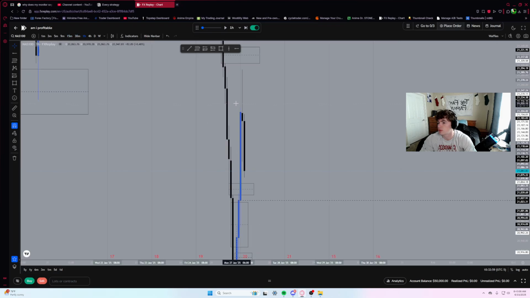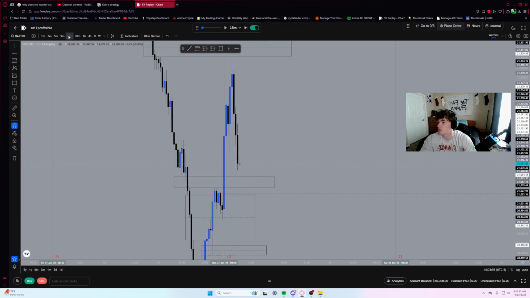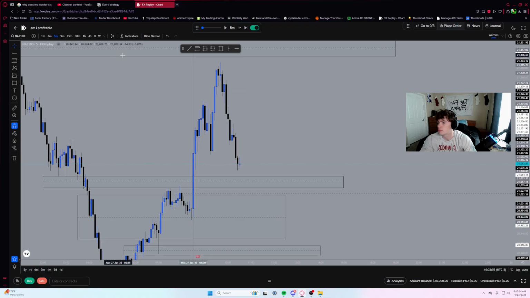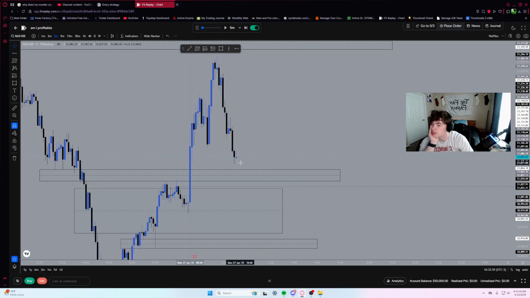Huh. Respected fair value gap. I guess I'll look for shorts unless it reacts off this fair value gap perfectly and inverses.